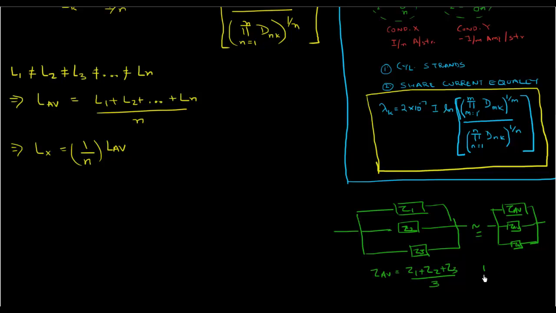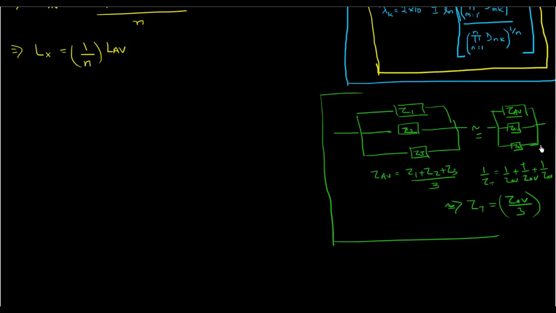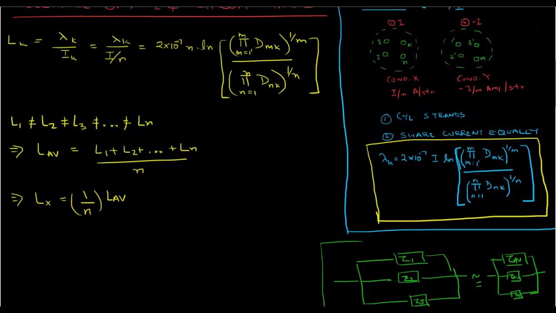So in this case, the total impedance is this, and therefore Z of total is Z average by 3. And that's kind of what we're saying here.